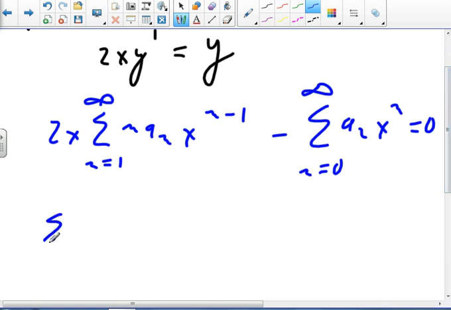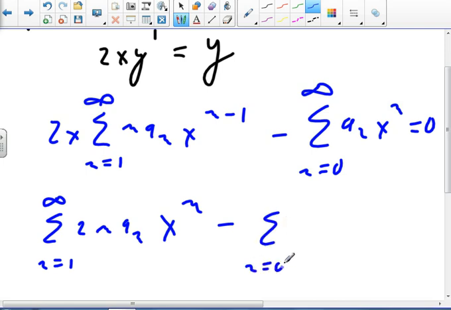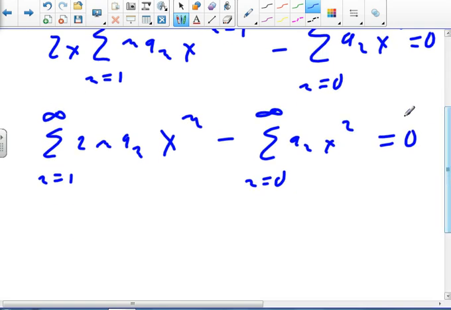I got summation n equal 1 to infinity 2 n a_n x to the n minus summation n equals 0 to infinity a_n x to the n is equal to 0. That's an n there in case anybody's wondering.